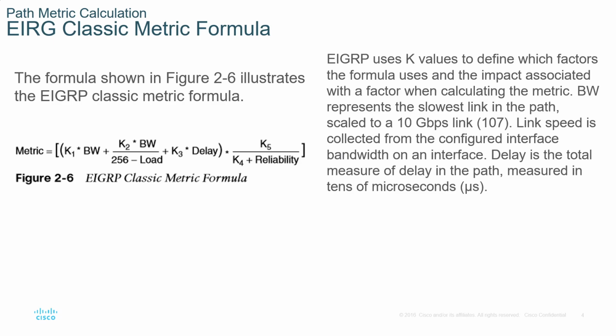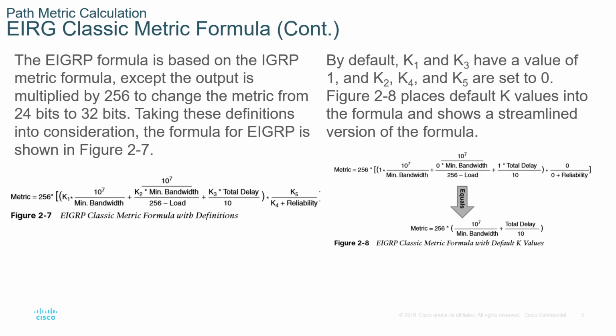The delays are cumulative throughout the path and are measured in tens of microseconds. Now, with the advent of time, we went from interior gateway routing protocol, which was the original formula, and this used 24 bits to come up with a value.